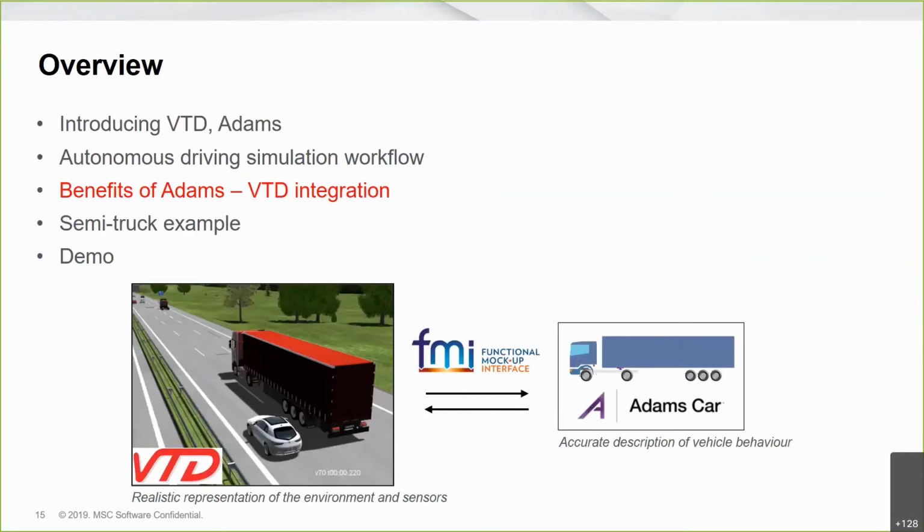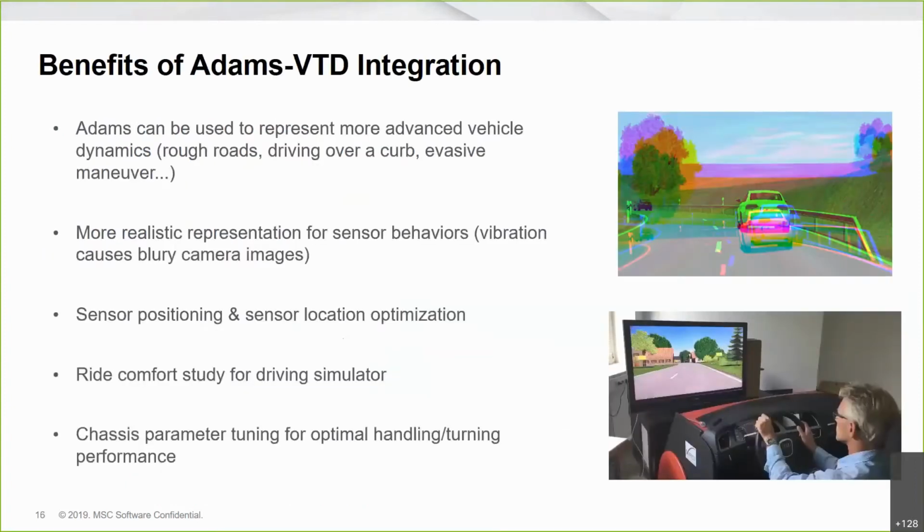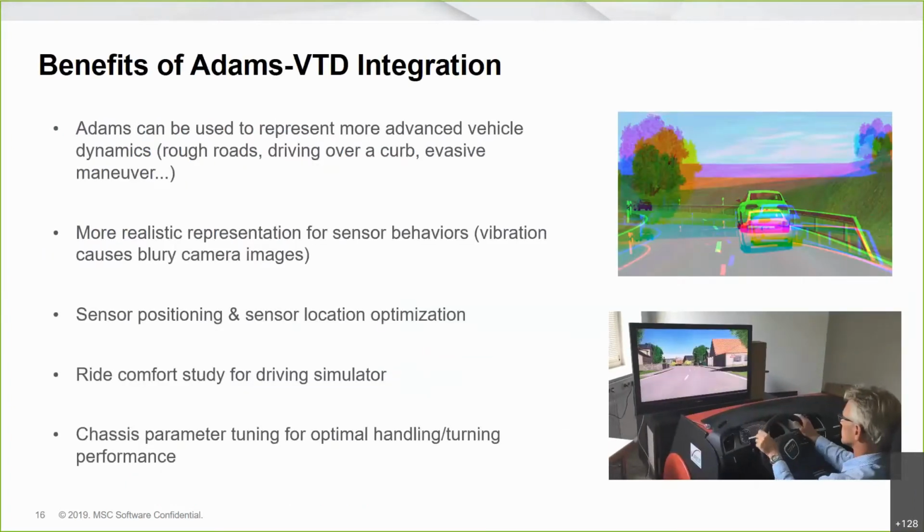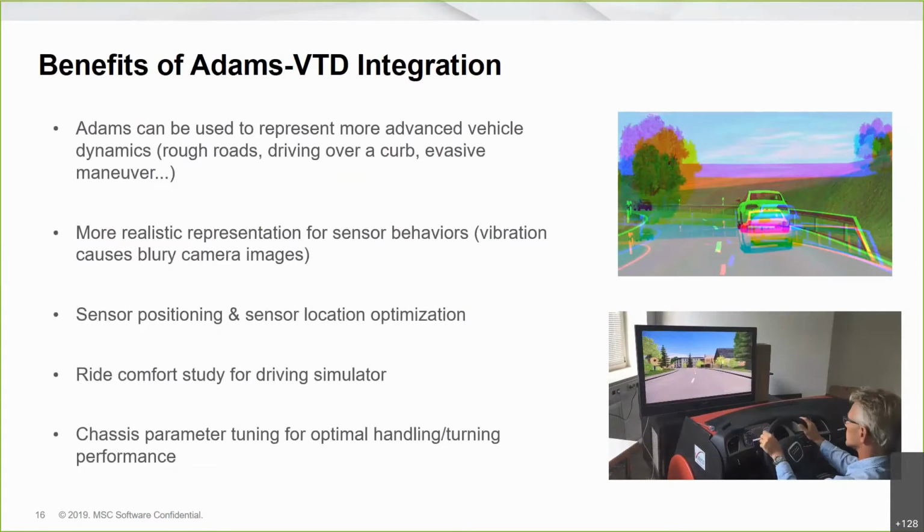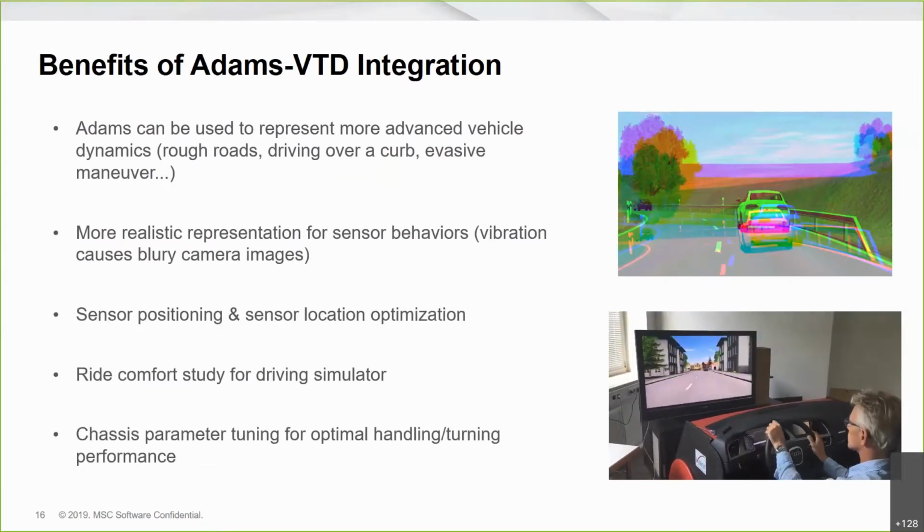To follow up on what we talked about, here are the benefits of using Adams Car in the VTD environment, or the benefits of connecting Adams Car with VTD in one workflow. As we briefly mentioned before, first, Adams can be used to represent the more advanced vehicle dynamics models, for example driving on a rough road, driving over a curb, or doing any evasive maneuvers.